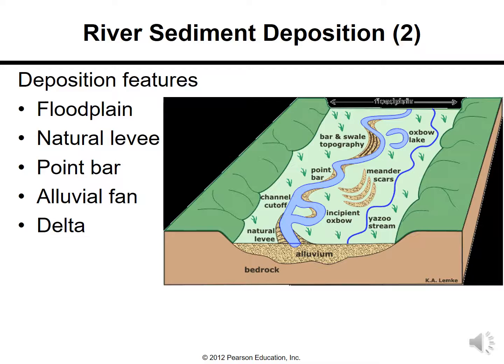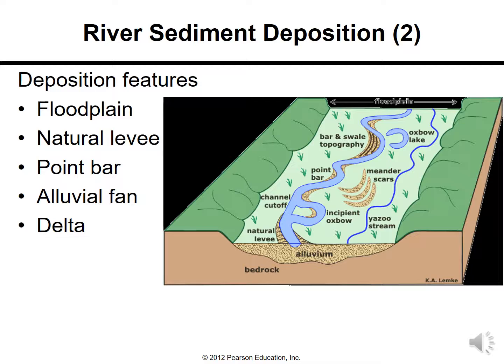As for the depositional features, there are different types of deposition when it comes to river sediment deposition: floodplain, natural levee, point bar, alluvial fan, delta. These are important features, and they refer to the deposition of sediments with respect to the river.